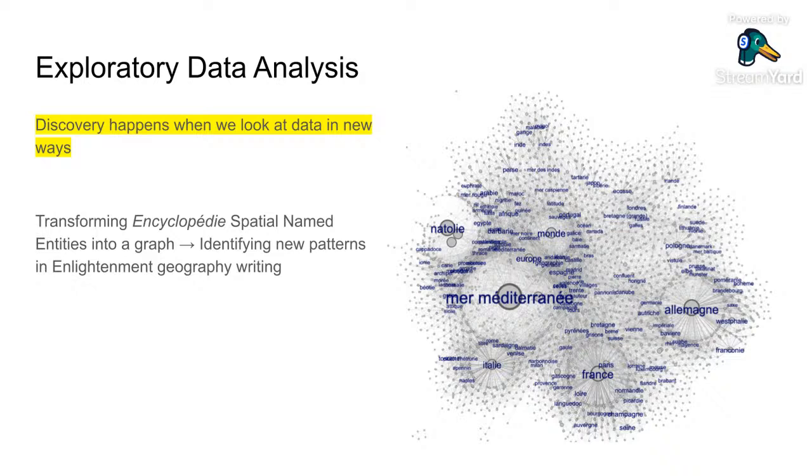And we did this by translating the place names that are mentioned in the geography articles of the Encyclopedia into a graph. So we're using network analysis to examine the qualitative relationships, the topological relationships between place names, rather than their geographical or spatial relationships. We're going to say more about that and show you how we did that later on in the notebook.